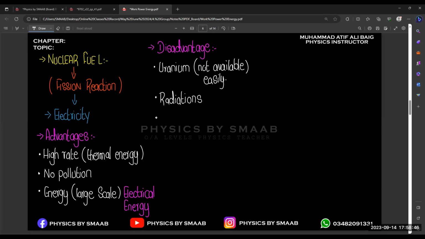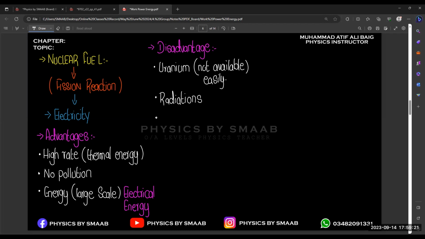Because in nuclear physics there is a concept of half-life, the remains of that nuclear fuel, known as radioactive waste, will remain for hundreds and thousands of years. So that is unsafe and will produce radiations also. You can take the example of the nuclear bomb incident in Japan. It will affect human beings for a very long time.